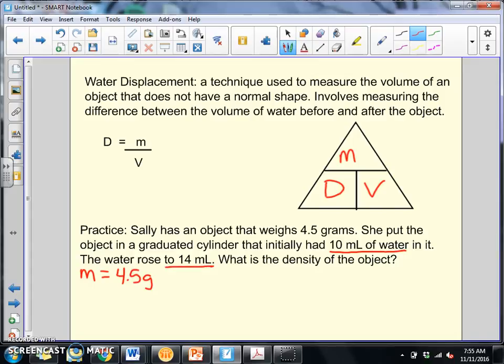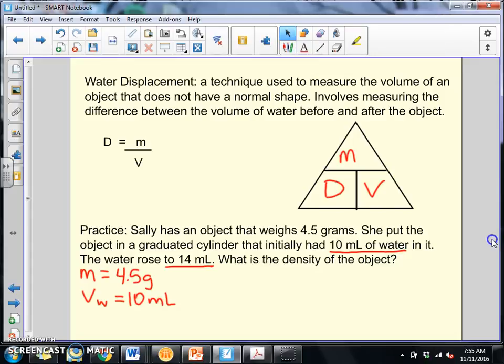So the question is what is my volume? Now, that becomes tricky because we know that my volume of water, which I'm going to abbreviate as VW, is equal to 10 milliliters. That's how much volume was in my graduated cylinder.